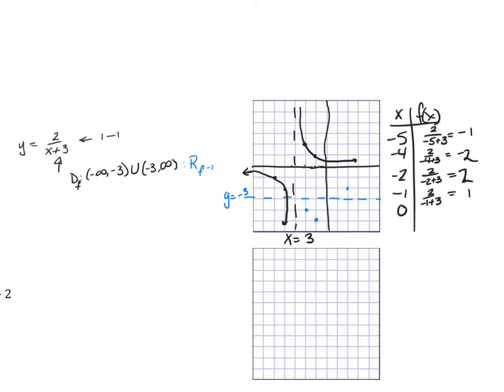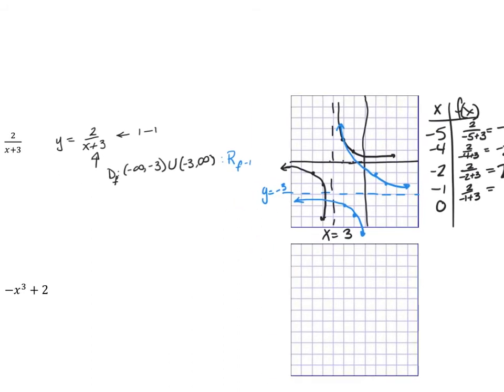And when I put in 1, -1 came out, so 1, -1. So my inverse function is going to look something like this. And let me see, it's going to look something like that. So that's what my inverse function looks like.